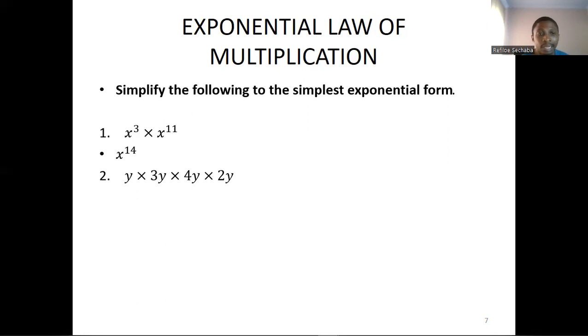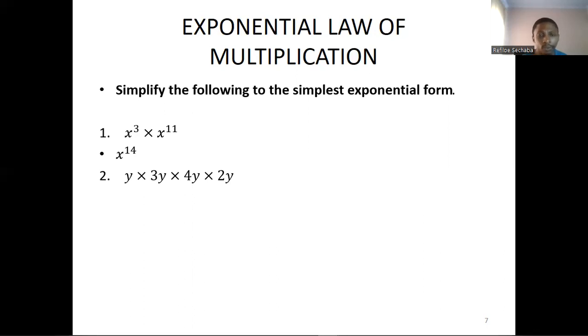The coefficient there is 4, and the last one will be 2y. The coefficient is 2. You first multiply the coefficients. You have done this under algebra in grade 8, okay? So I will simply multiply 1 with 3, with 4, and with 2. So 1 times 3 times 4 times 2, that will give me 24, all right?